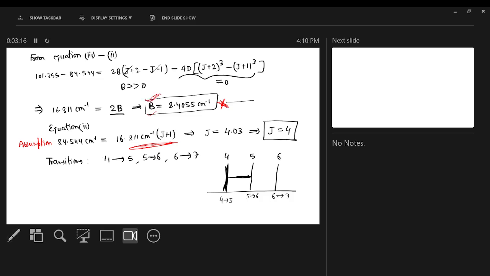Sorry for this. But the rotational level or J quantum number will not change. So in that calculation you can ignore D, but you cannot ignore it here. Okay.